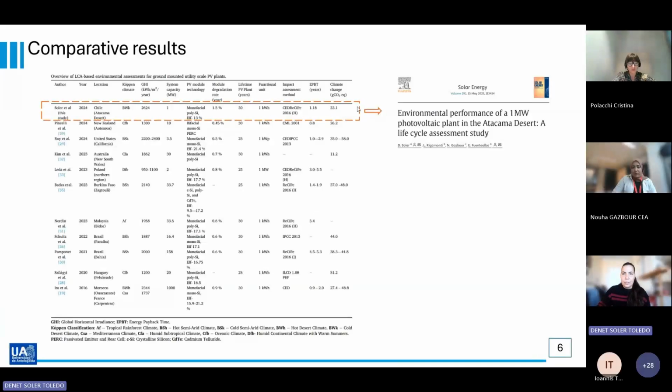If we compare our results with other results in the literature, we are in a very good band, but it's hard to say if this result is due to the quantity of material we consider, because we have a lot of details of all the materials in the PV plant.